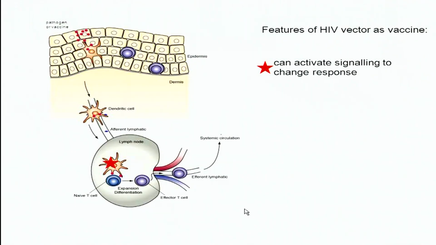And so we've been developing this idea around HIV. And what we realized as well is that because the virus is sitting here in the antigen-presenting cell, we could actually change the behavior of this antigen-presenting cell. We could activate pathways in the cell that might make it more effective at triggering the immune system.